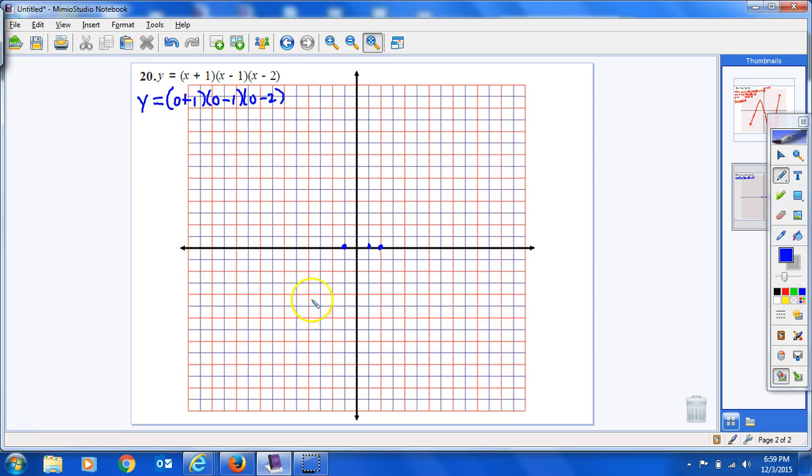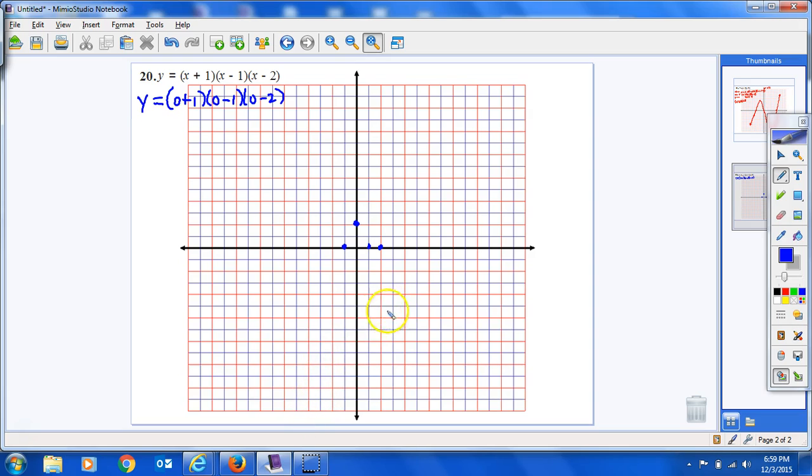And that's just another easy way to plot a point on this graph. So 1 times negative 1, of course, is negative 1. Times negative 2 is positive 2. So I know that the graph has to cross the y-axis at positive 2.